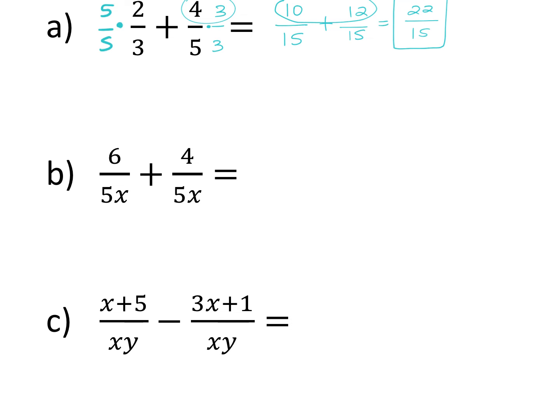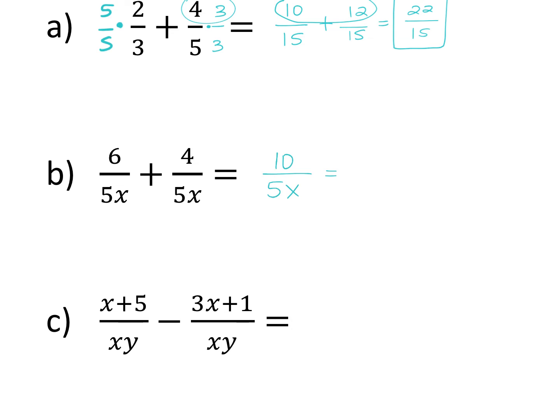So now if I have 6/5x plus 4/5x, what do I do? Just add your numerators. You already have the common denominator. Okay, we already know it's going to be a 5x. 6 plus 4 is 10. So we get 10/5x. Can you reduce that?